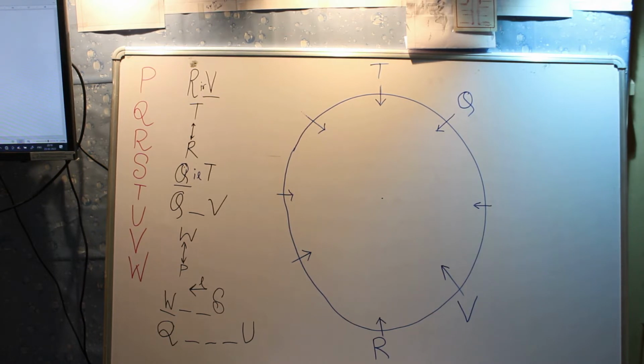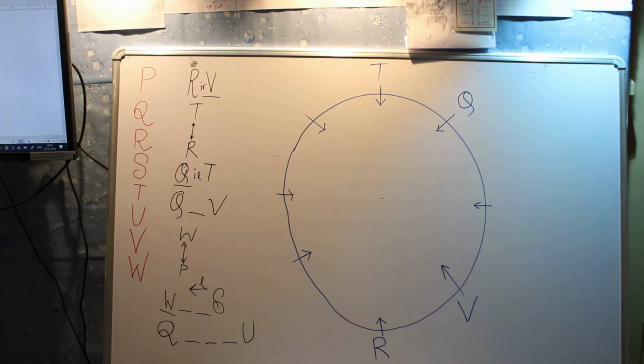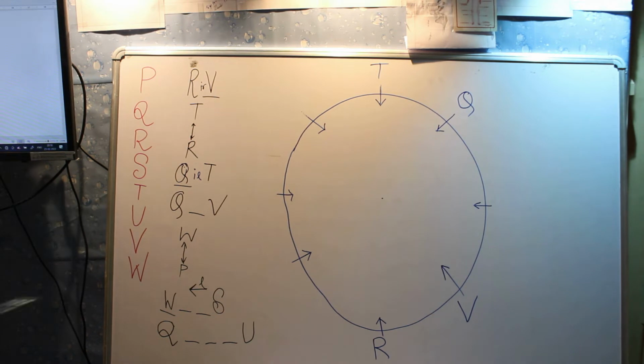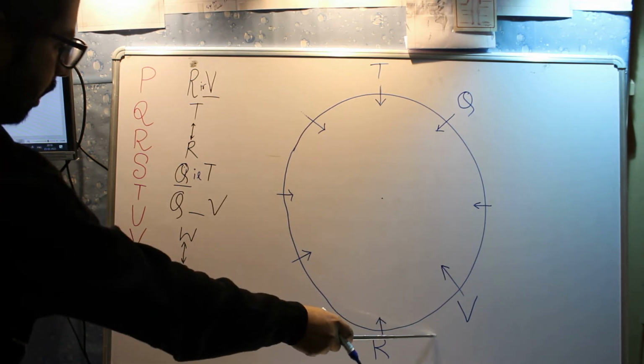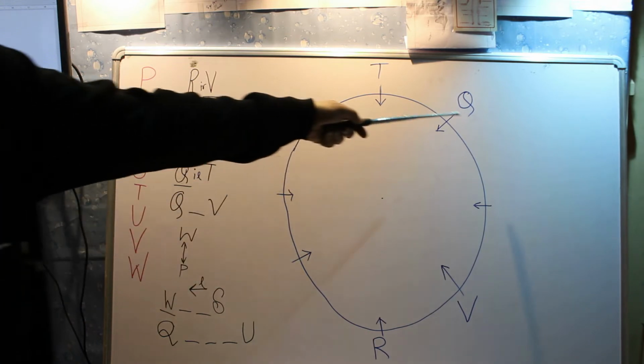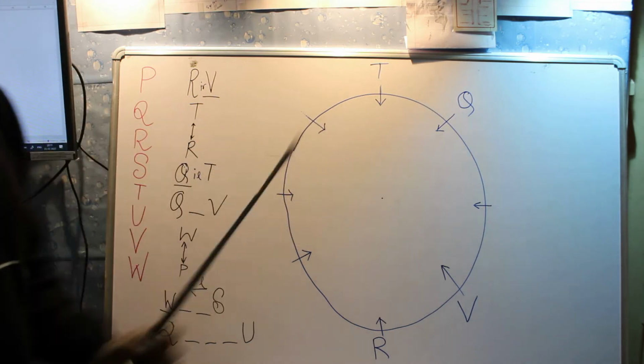So now this point, W faces P. What can be done? We cannot place W here. Why? If we place W here, this has to be P, but V is already placed here. So how can I place W? Right? Okay. Now can I place W here? No. If I place W here, P has to be here, but Q has already occupied this position.